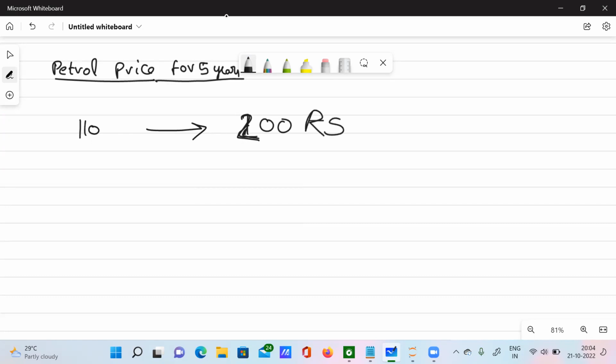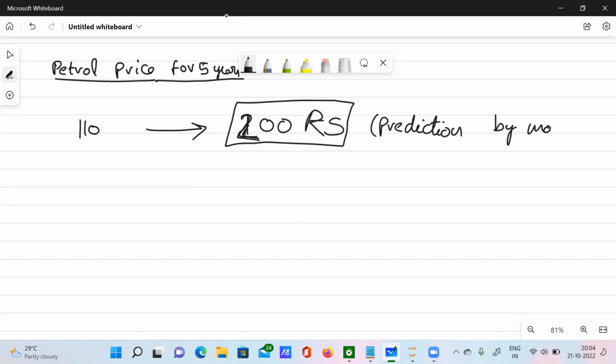200 rupees. But this is the prediction, not the actual one. This is the prediction by our model. But we also have some kind of actual scenario here.